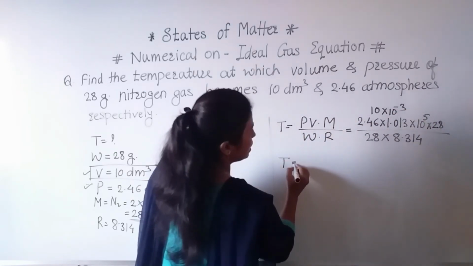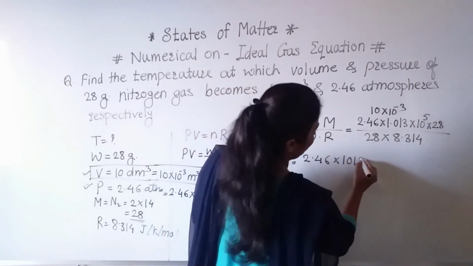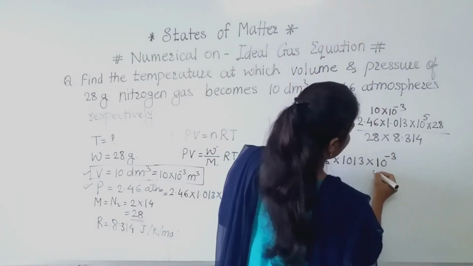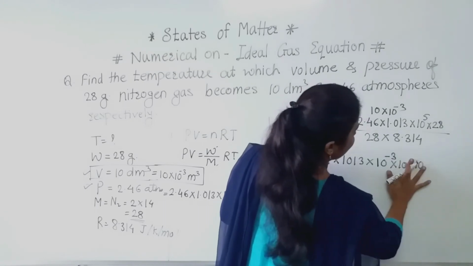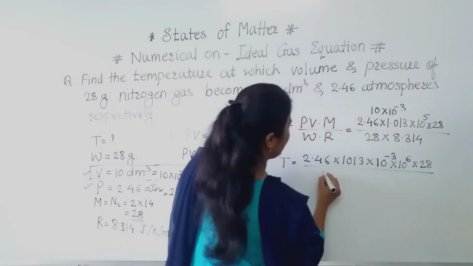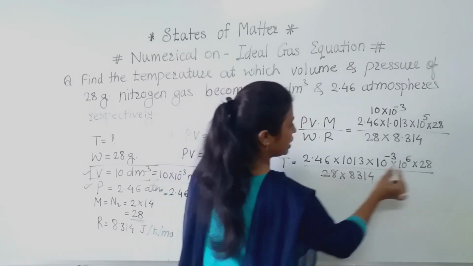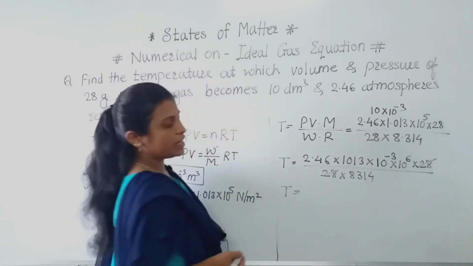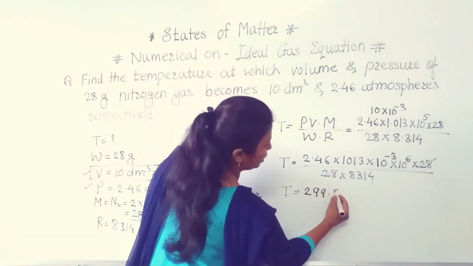Now see here, T is equal to 2.46 into 1013 into 10 into 10 raised to minus 3 into 10 raised to 5. Instead of that, we can take 10 raised to 6 also, into 28 divided by 28 into 8314. So 28 will get cancelled, and after calculation we will get the temperature, which is 299.8.